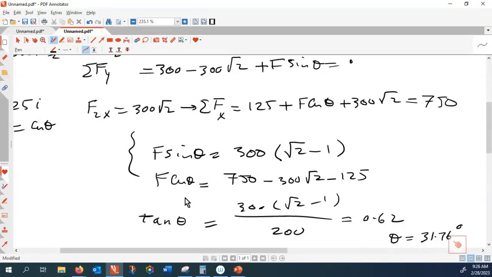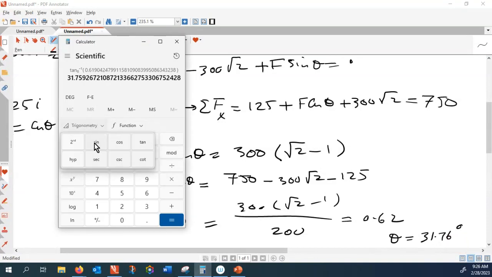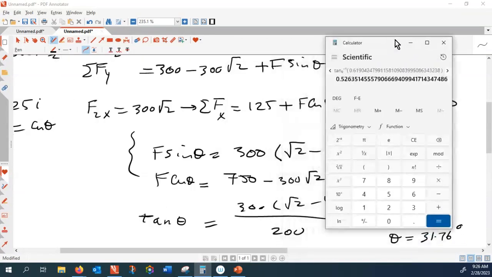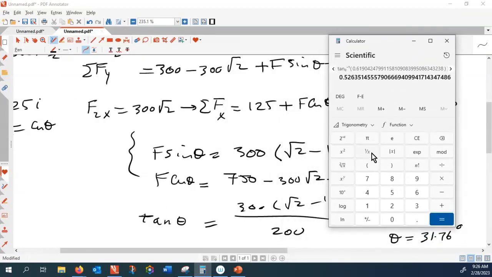And if you plug that angle in either of these equations, that gives you the magnitude of f, right? So f has to be 236.